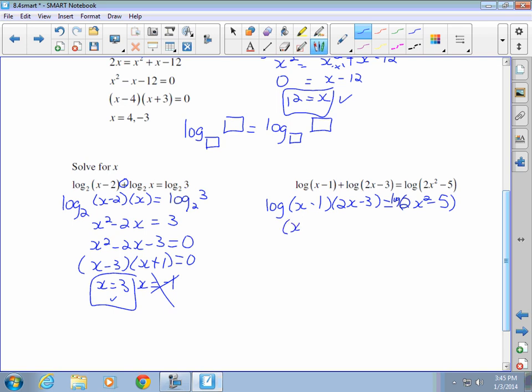So I have x minus 1 times 2x minus 3 is equal to 2x squared minus 5. I do my solving. 2x squared minus 2x minus 3x is a minus 5x. Negative 1 times negative 3 is a positive 3 equals 2x squared minus 5.